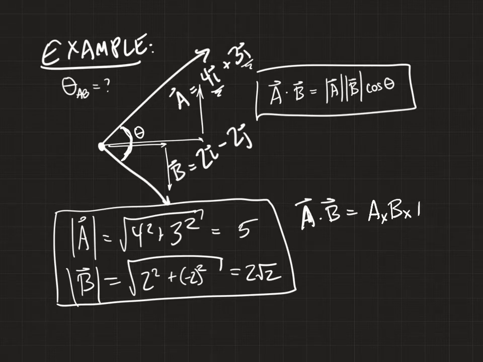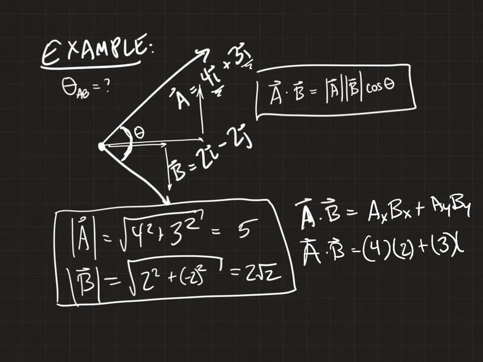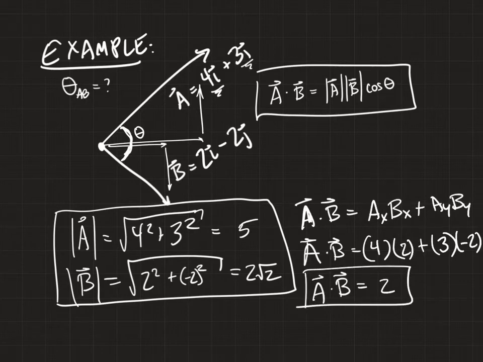So A dot B equals 4 times 2 plus ay, which is 3, times by, which is negative 2. So A dot B equals 8 minus 6, which is 2. And notice it's a scalar.